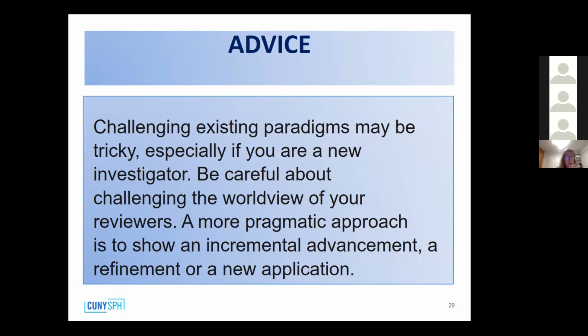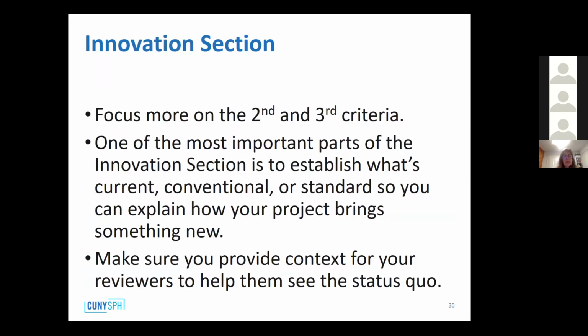This is especially true if you're a new investigator. What you don't want to do is challenge the worldview of your reviewer. A more pragmatic approach is to show an incremental advancement, a refinement, or a new application. Focus more on the second and third criteria.